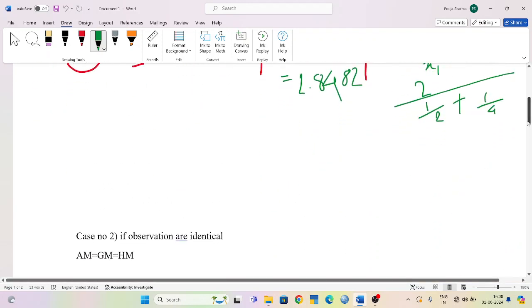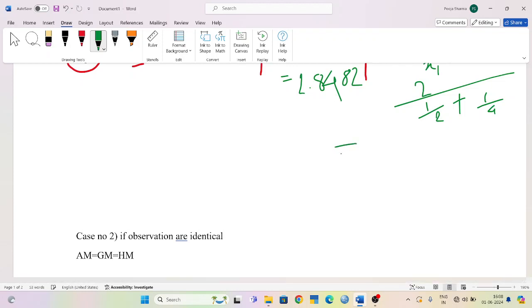By solving this, we will get the value 8 divided by 3. We will divide 8 with 3, then we will get the value 2.6667.